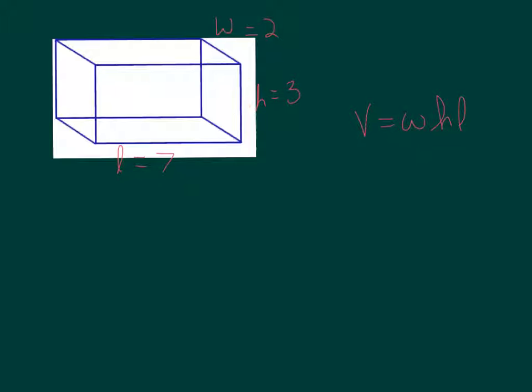To fill in the volume formula, let's make this inches. So you have 2 inches for the width, 3 inches for the height, and 7 inches for the length, and you just fill them in. Remember, you always have to use your units.